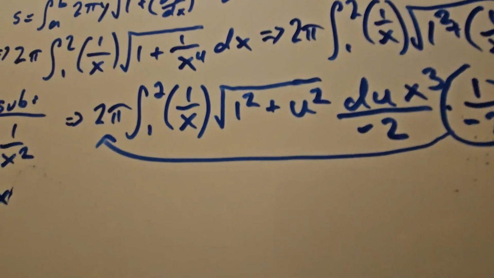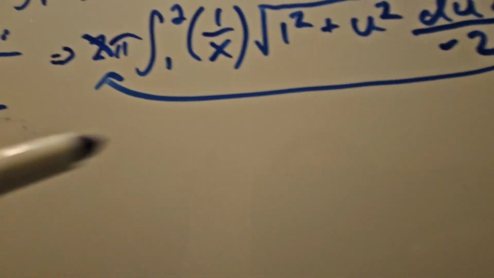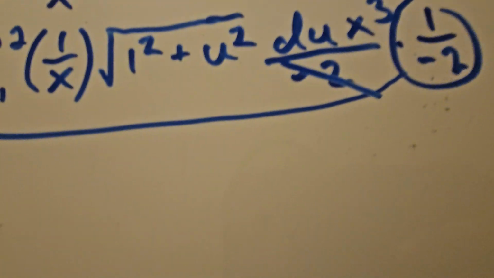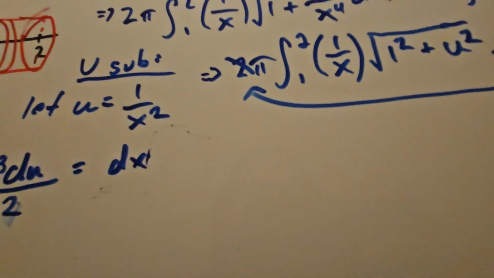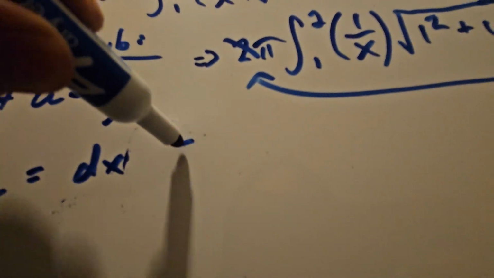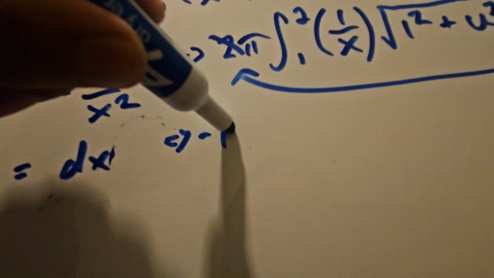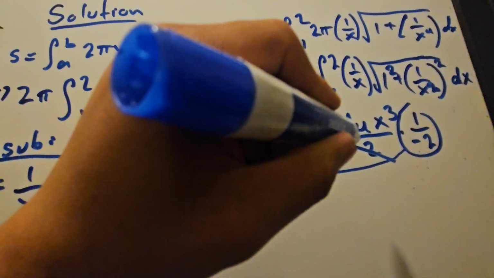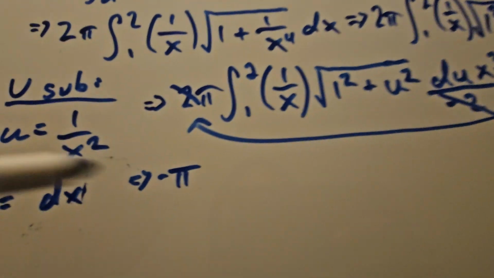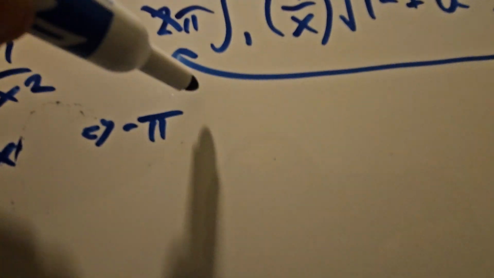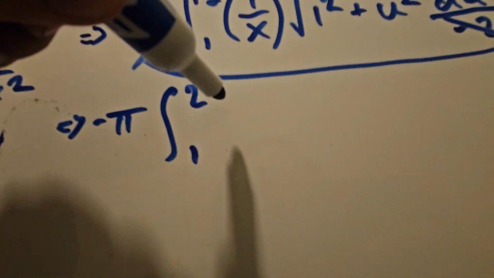And you know what that's going to do? This is going to cancel this, and this will leave us with negative pi, right? Because we pulled out the 1 over negative 2 outside of the integral, so it's going to leave us with negative pi, evaluated from 2 to 1.